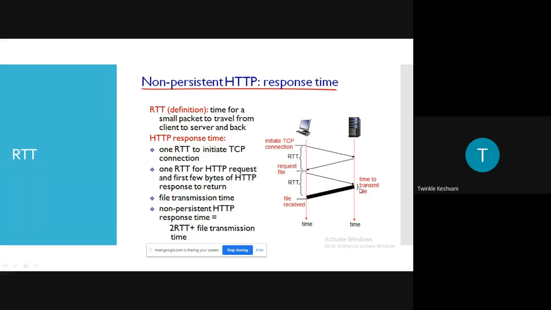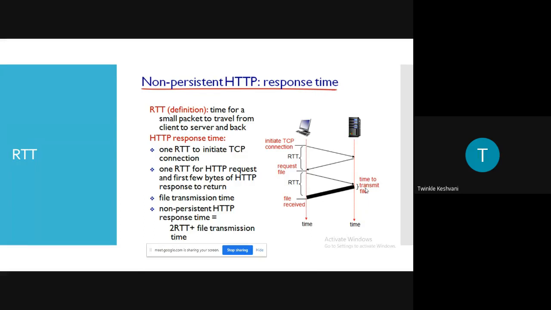So propagation delay, processing delay, queuing delay is already calculated with this RTT, right? वो already calculate हो गया है with one RTT, but the time the server will require at their end to transmit the packet on the transmission link, that will be the transmission delay.